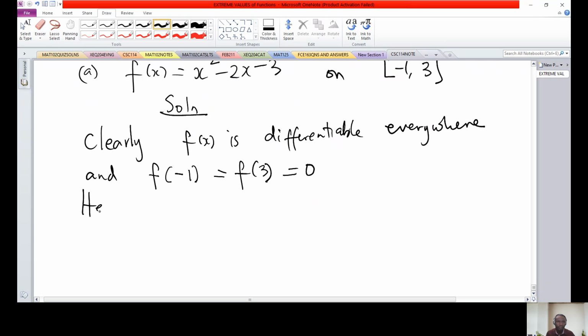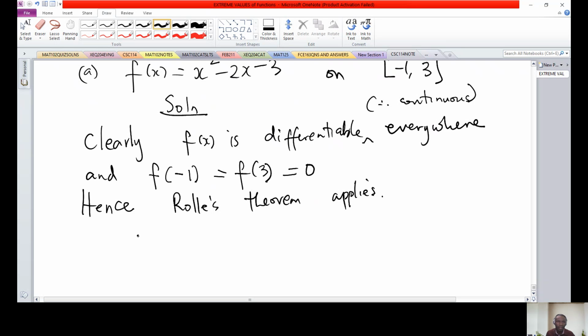When you say differentiable, it also means continuous. Remember, differentiability means continuity. Hence, Rolle's theorem applies.